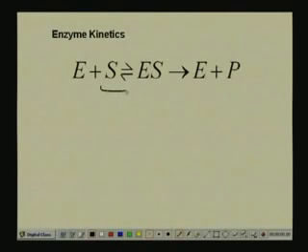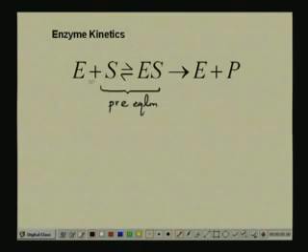This is a very simplistic way of writing an enzyme kinetic reaction, but nevertheless we will consider the kinetics of this reaction now for the definition of certain terminologies.